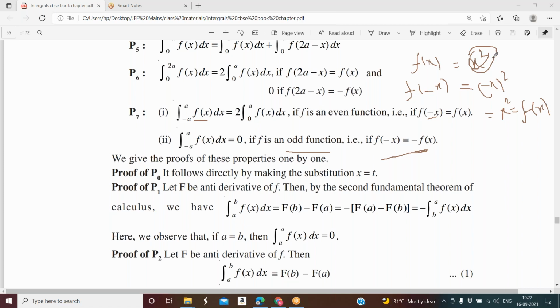This is an example for a function that is not even: x square minus x. Now you replace x by minus x. So what you'll get? Here you will get minus x the whole square, and here you will have minus of minus x. Wherever you have x, replace it by minus x. Minus x the whole square is x square, and minus minus is plus, so plus x.